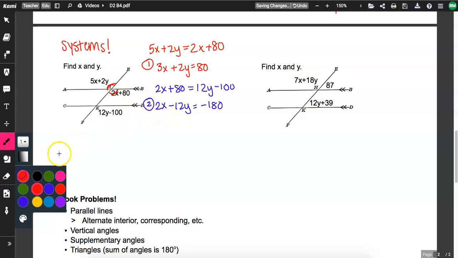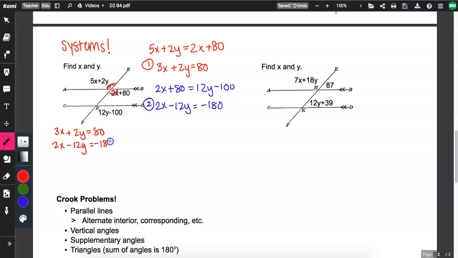So I'm going to put them together here: 3x plus 2y equals 80, and 2x minus 12y equals negative 180. I can see that in order to solve this system, I'm going to need to do some multiplying because my goal here is to eliminate. That's what I like to do.